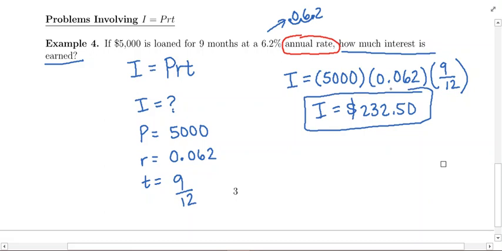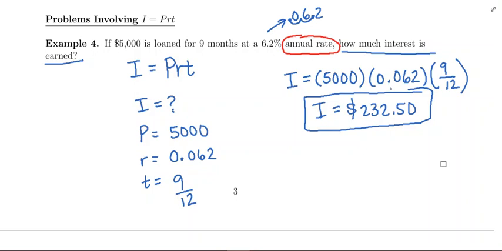When you're doing this financial stuff, at the end of each problem you want to ask yourself, is this a reasonable amount? You borrowed $5,000 for a relatively short period of time, 9 months, so you're going to get a number much less than $5,000.